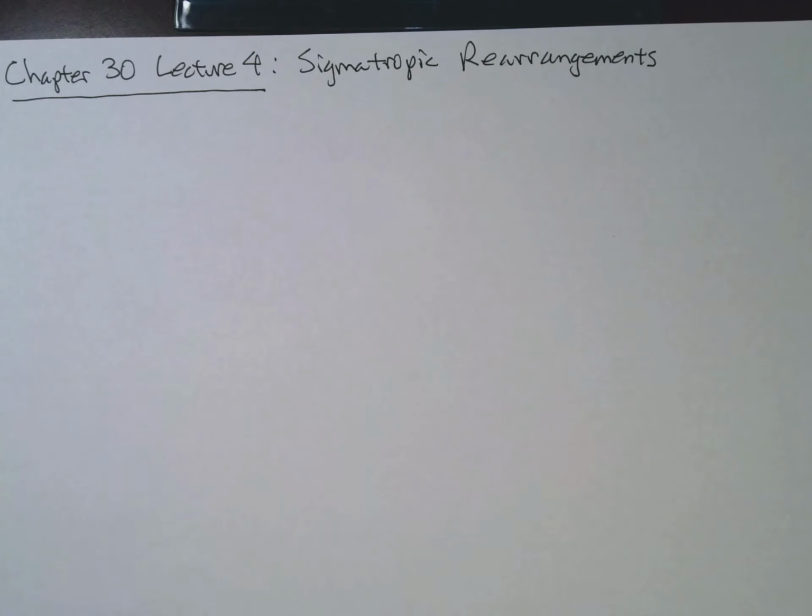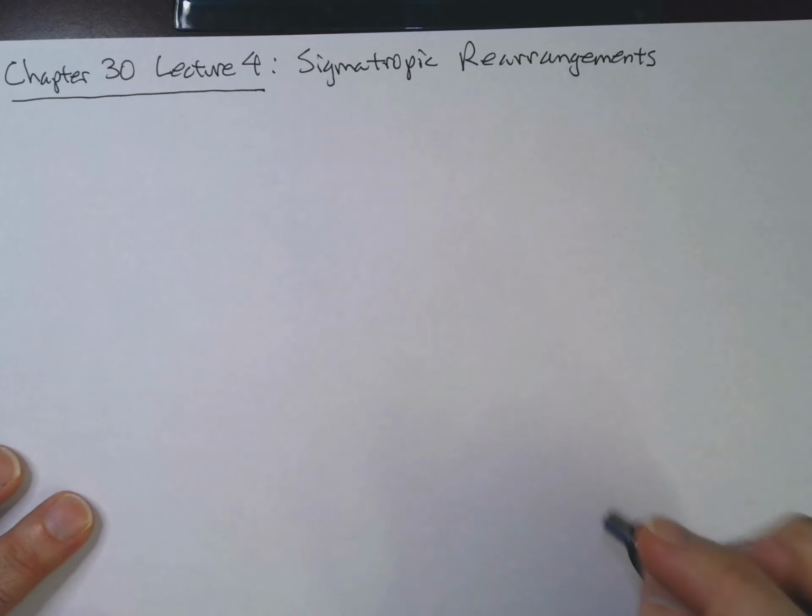In fact, if you've read chapter 30, you've probably noticed that the Woodward-Hoffman rules that I gave you for cycloadditions are a little different than what is mentioned in the text. So if you are reading the text and you notice the terms suprafacial and antarafacial, just don't worry about those. Okay, so we won't deal with those.